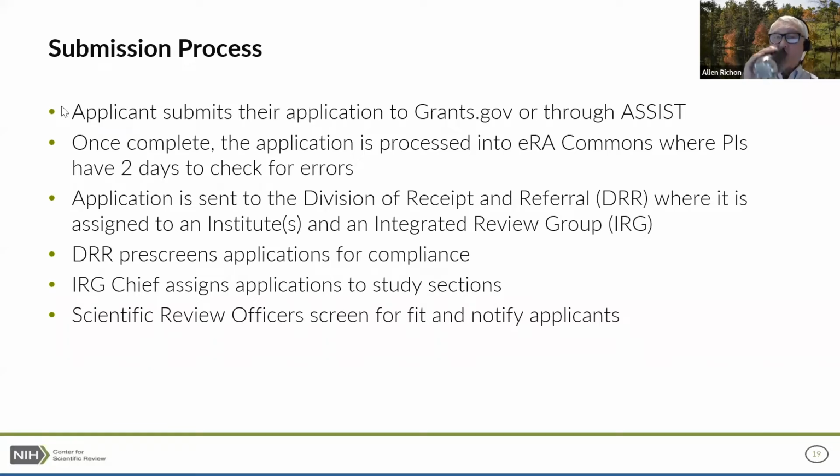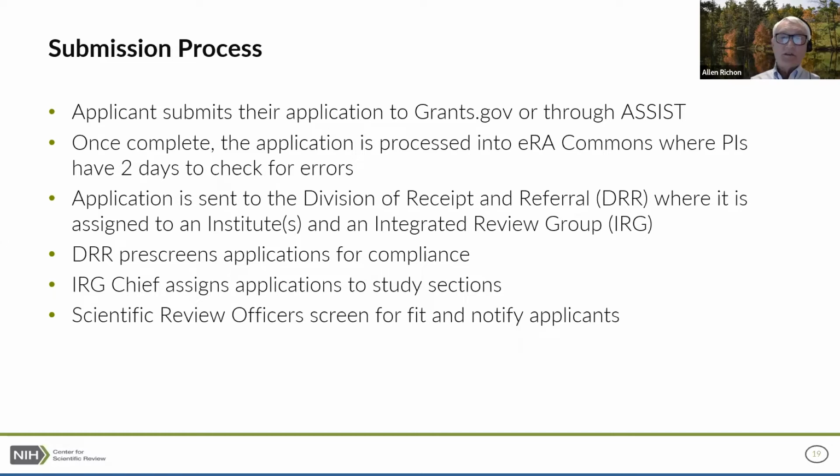Once that process is complete, the application is sent into the eRA Commons site, where you have approximately 2 days to check for errors. If you find errors, you can correct them. But after that 2-day window, your application is essentially frozen and sent to DRR in the state that it's in.